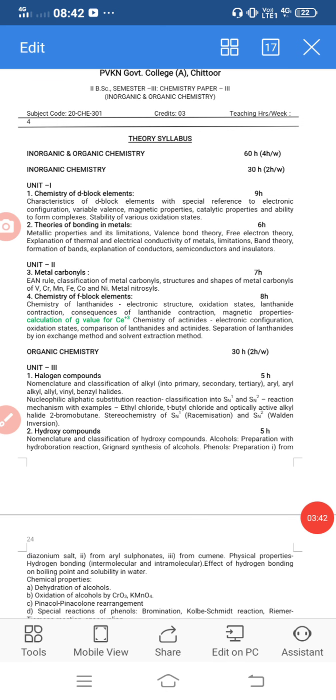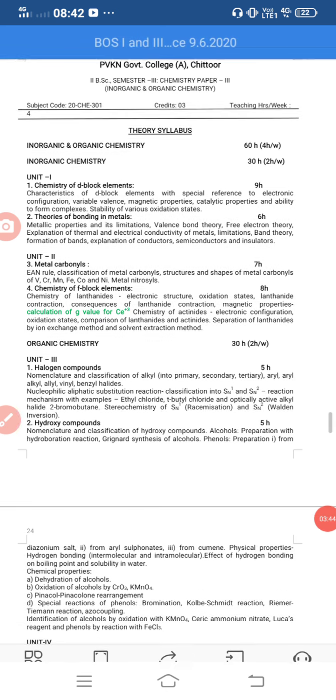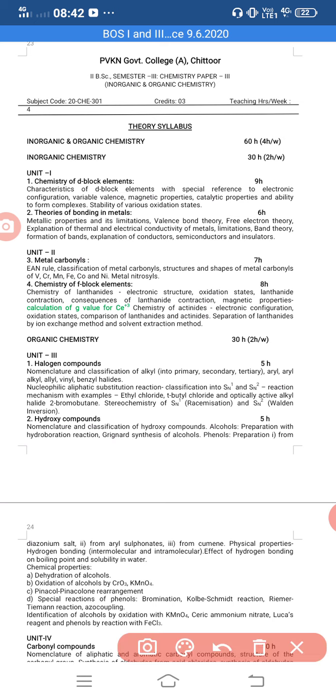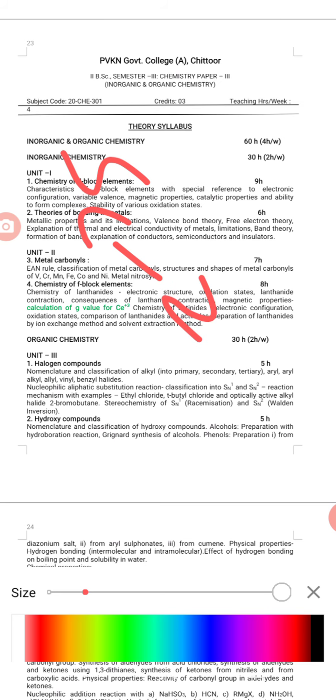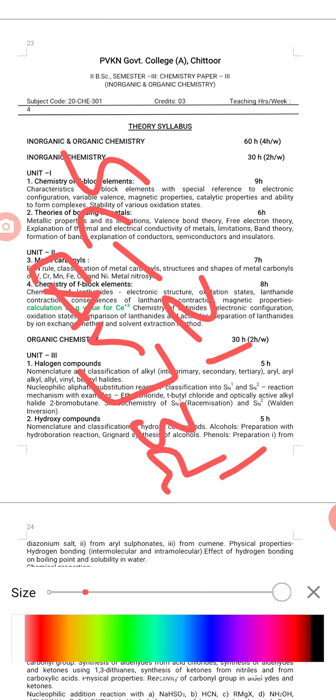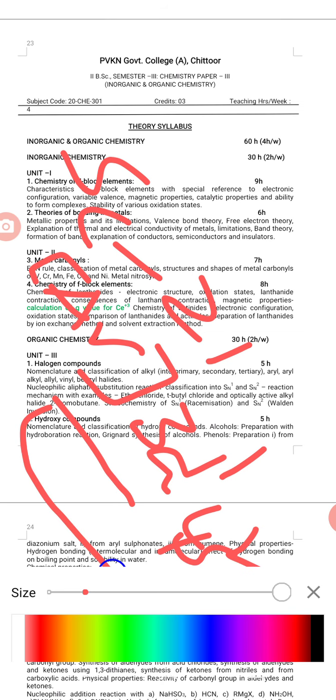So unpaired electron means, for example, scandium, Sc, atomic number 21, electronic configuration argon means 18, 3d1 4s2. Here in the d orbital, how many electrons are present? Only one electron.